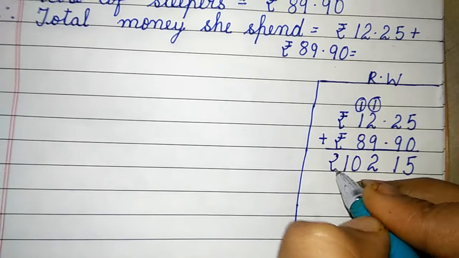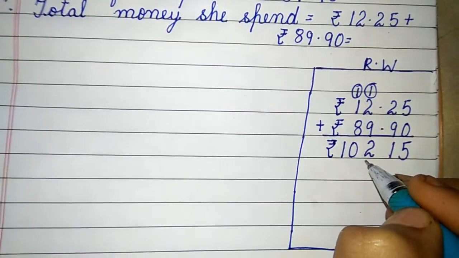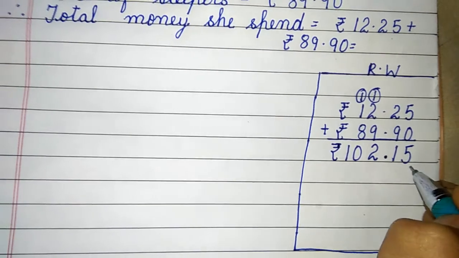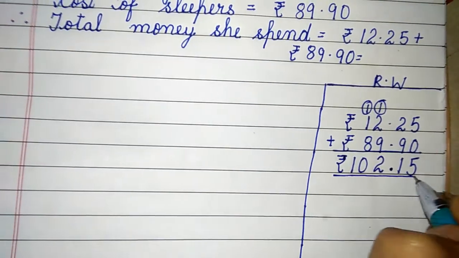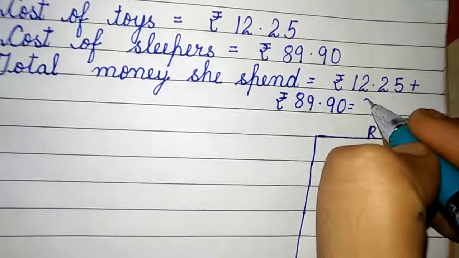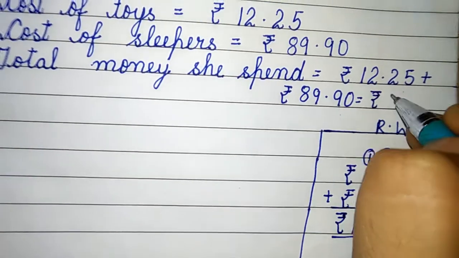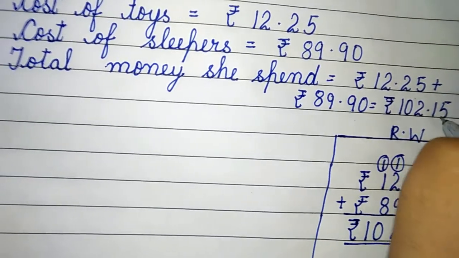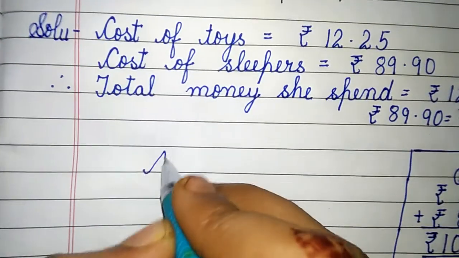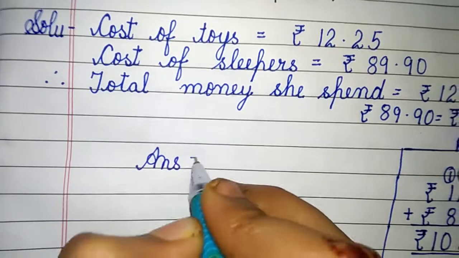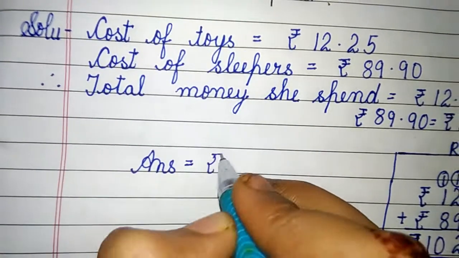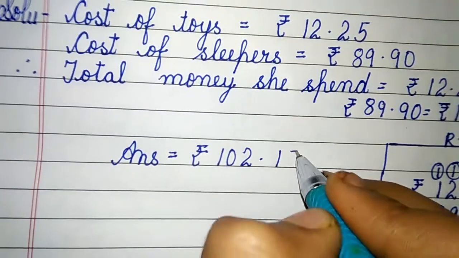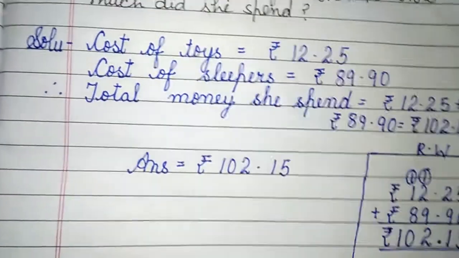Total amount spent rupees 102, rupees 15 paise. Here we will write answer rupees 102.15. That is total money she spent. Clear?